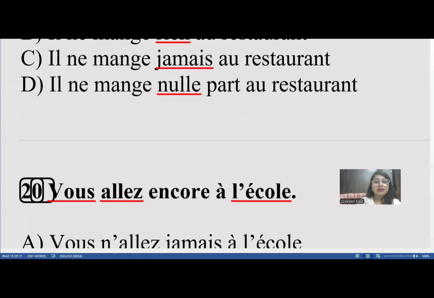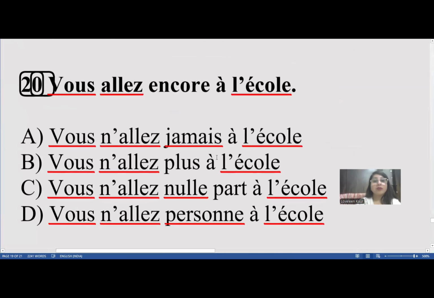Now let's see, 20th question. Vous allez encore à l'école? You still go to school? Yes, jamais is not the correct option because never go to school. Nulle part, it's not even a good sentence.